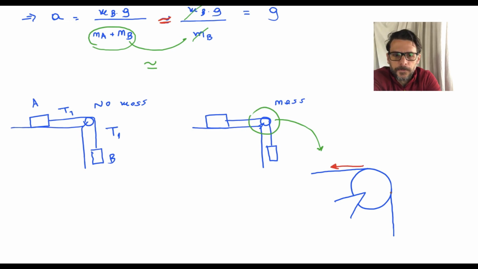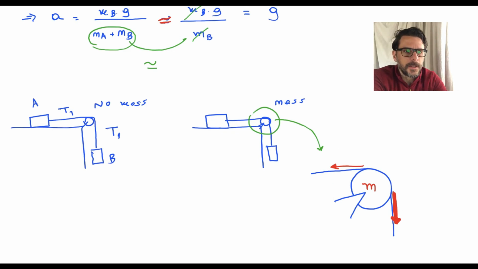This tension and this tension cannot be equal now. If we have mass on the pulley, we need a higher tension on this side than on this side, because otherwise the pulley will not rotate. It has mass. If it has mass, it has a certain amount of rotational inertia, and we need a higher amount of tension on this side acting downwards than on this side.